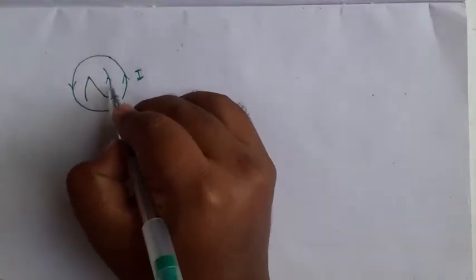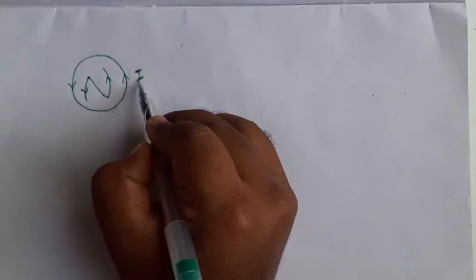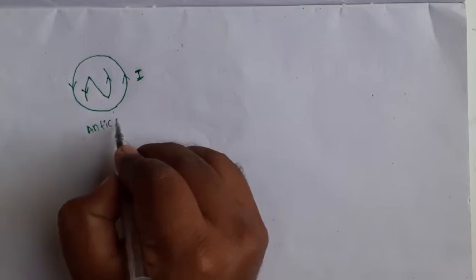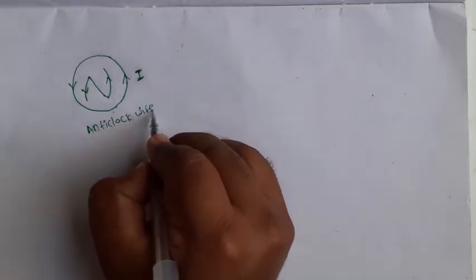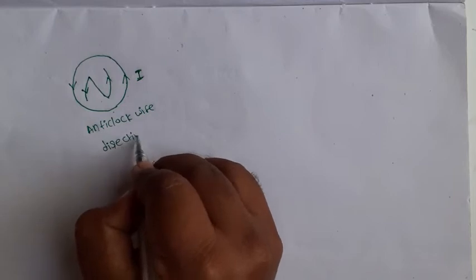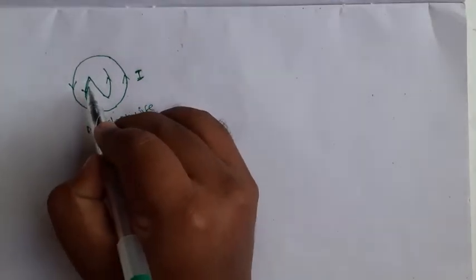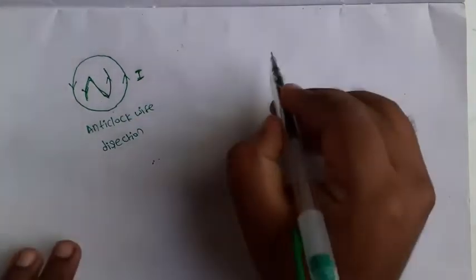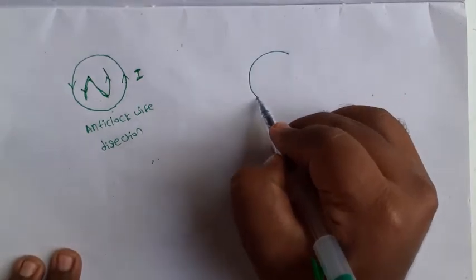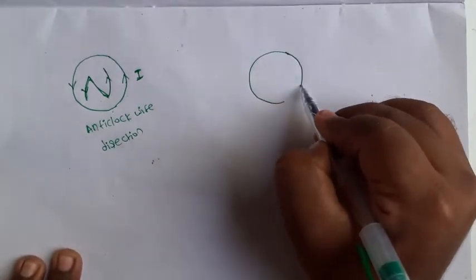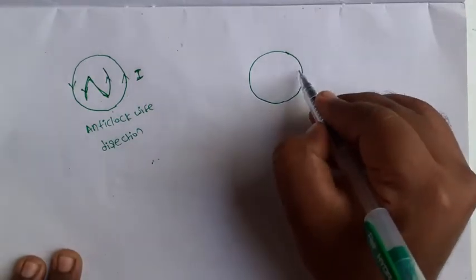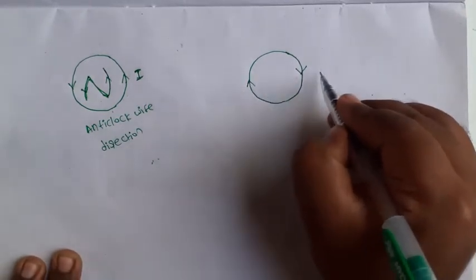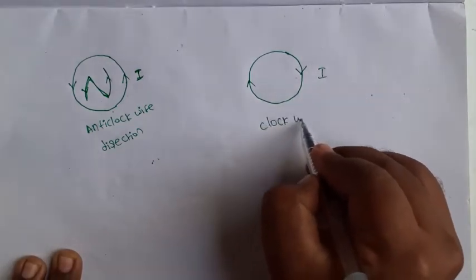So in case of a solenoid, in any loop where the current is flowing in the anti-clockwise direction, at that point the north pole of the magnetic field develops. Next I am taking another loop. In this loop, current is flowing in the clockwise direction.